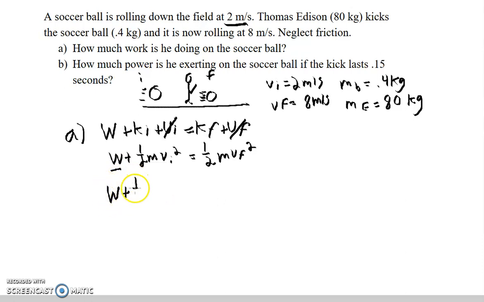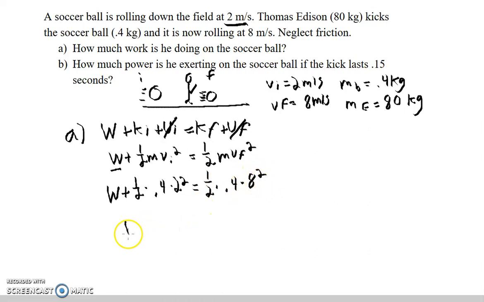So 1/2 times 0.4 times 2 squared, plus the work, is equal to 1/2 times, what is the mass, 0.4 times 8 squared.